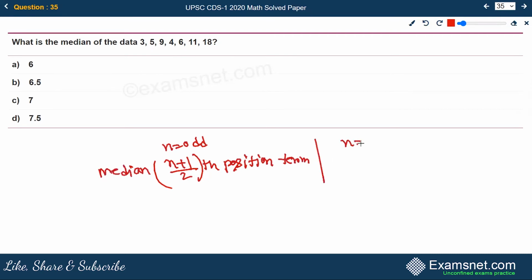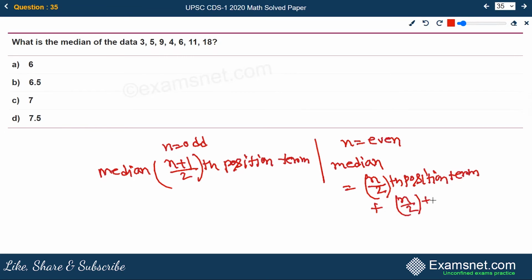Or if n is even, then median will be n by 2 position term plus n by 2 plus 1 term, divided by 2. That is average of n by 2 position term and n by 2 plus 1 position term.